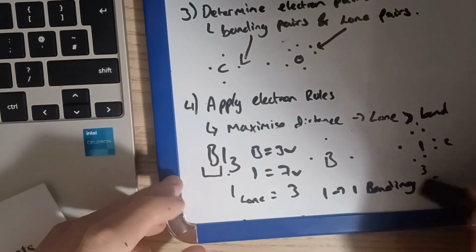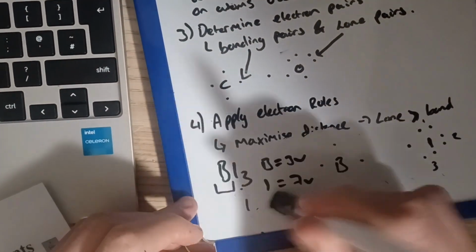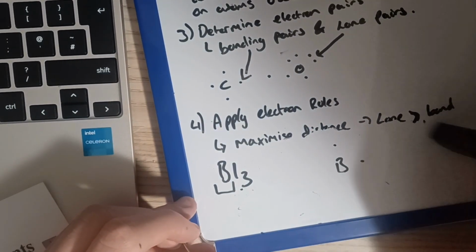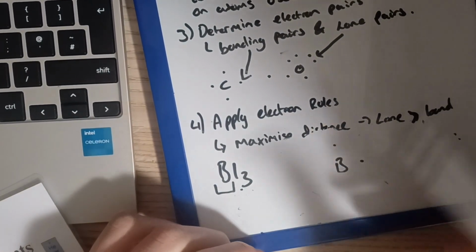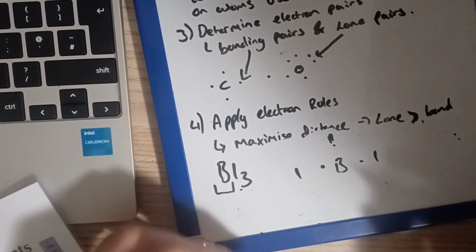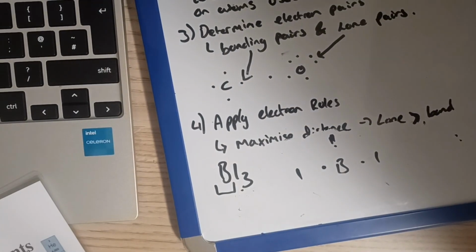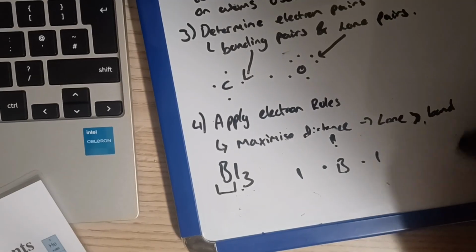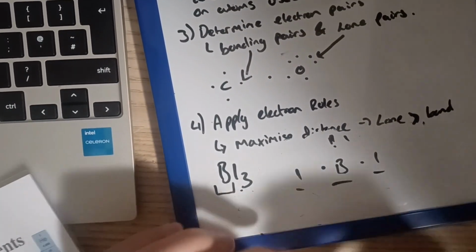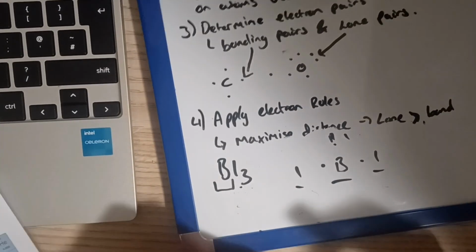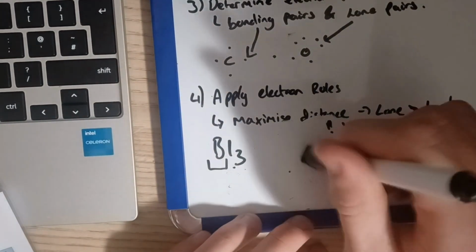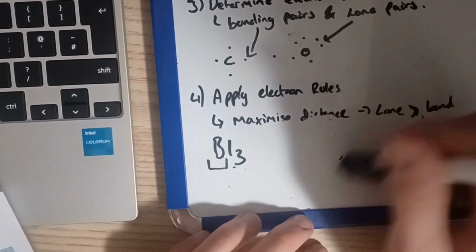So, taking this all into account, we have our central atom and our 3 atoms surrounding it. And to throw this into 3-dimensional space, we're going to take into account lone pairs.